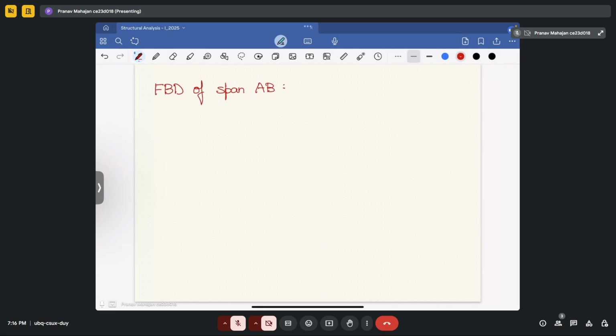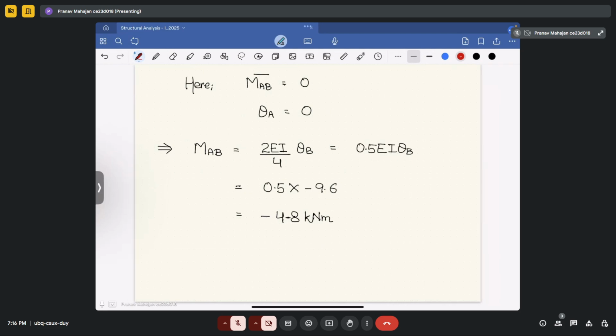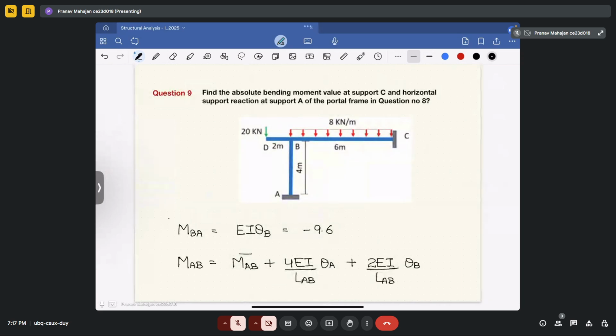First let's highlight what we have calculated till now. We have calculated MAB and its value is minus 4.8 kilonewton meter. Another we have calculated is MBA and its value is minus 9.6 kilonewton meter.